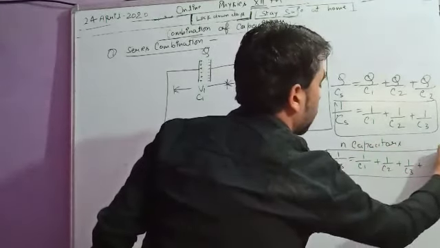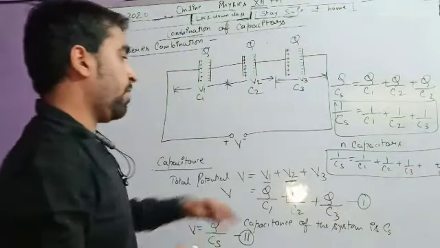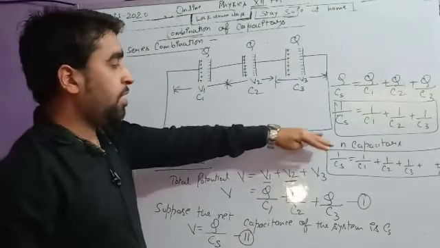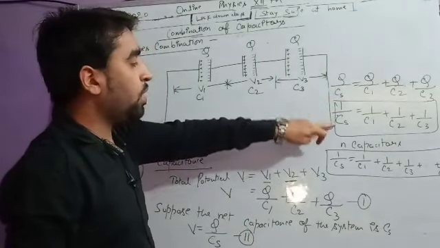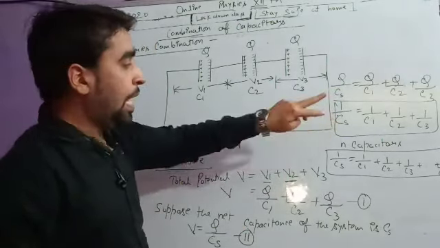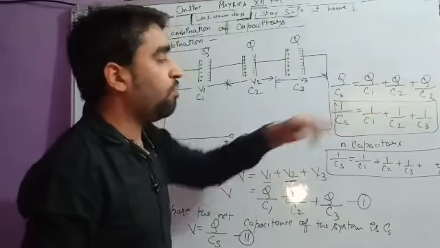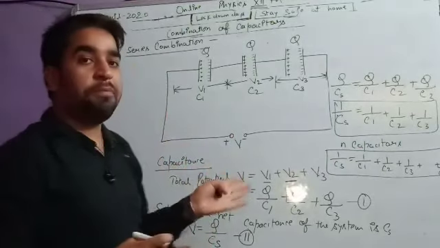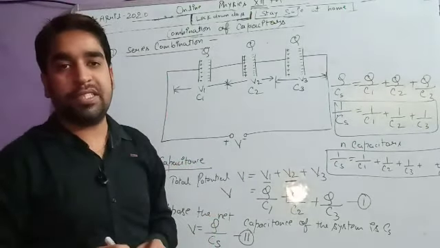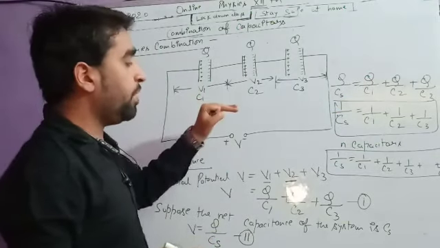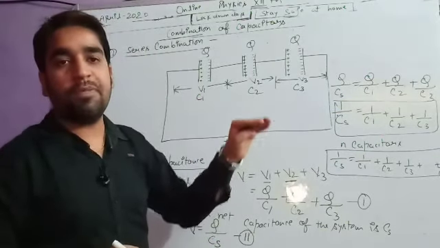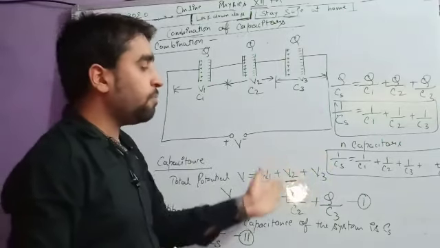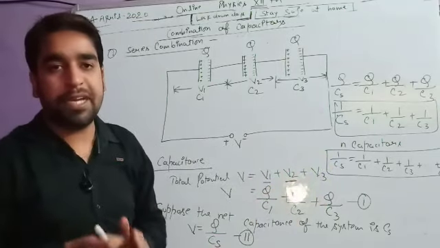So whenever you add capacitors in series, the net capacitance is given by the sum of the reciprocals of all the individual capacitors. This is the reverse of the previous case you studied for resistors. For resistors in series, R is equal to R1 plus R2 plus R3, but here in series combination, the reciprocals of the individual capacitors are added.